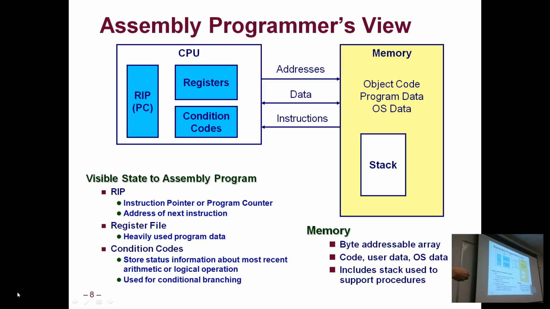This is used for your conditional branching. So if you have x is equal to 0, you check. What's going to happen is that a subtraction is going to happen, and the condition code off of that subtraction is going to be checked to do a conditional branch on it. So that's the CPU state that you get. As part of your machine state, though, you have a virtual memory address space.